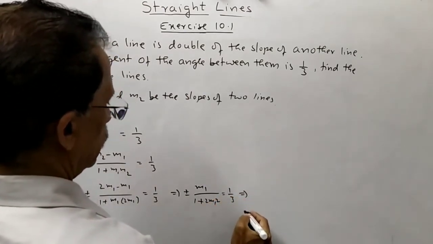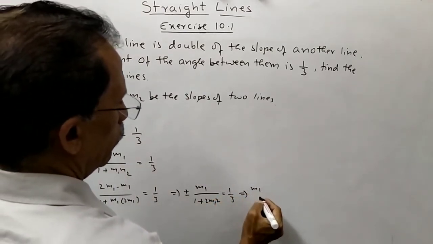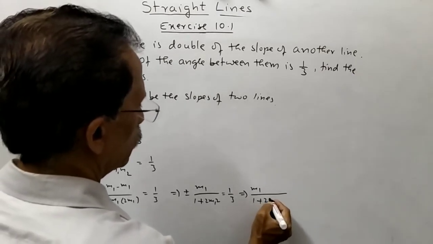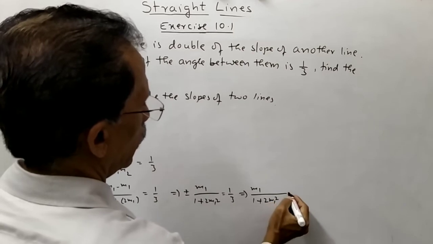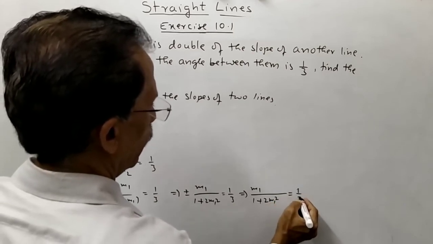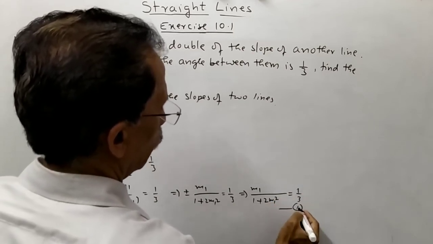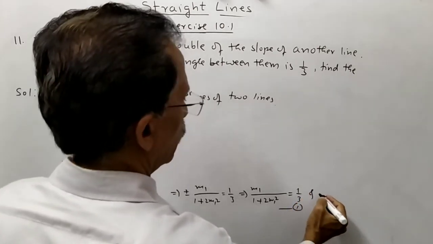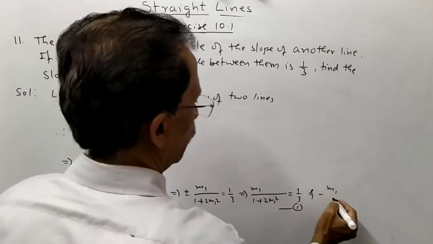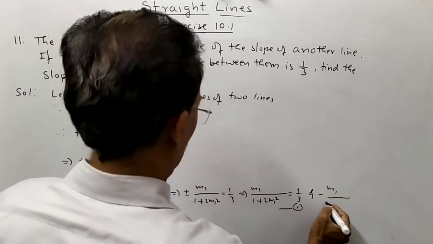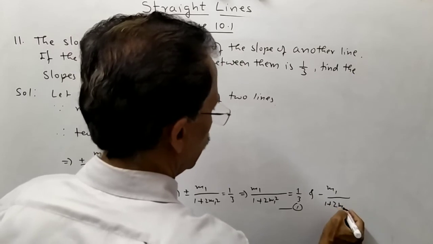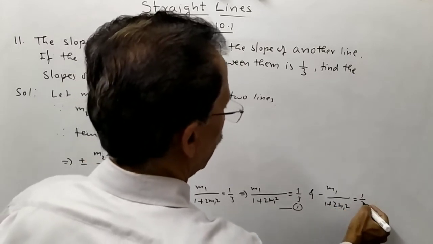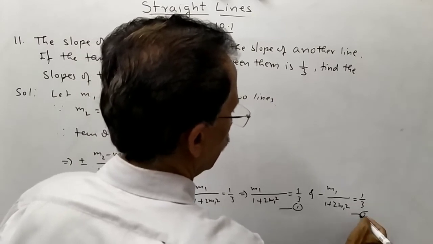This implies m1 divided by (1 plus 2m1 square) is equal to 1 by 3. Say number 1. And minus m1 divided by (1 plus 2m1 square) is equal to 1 by 3. Say number 2.